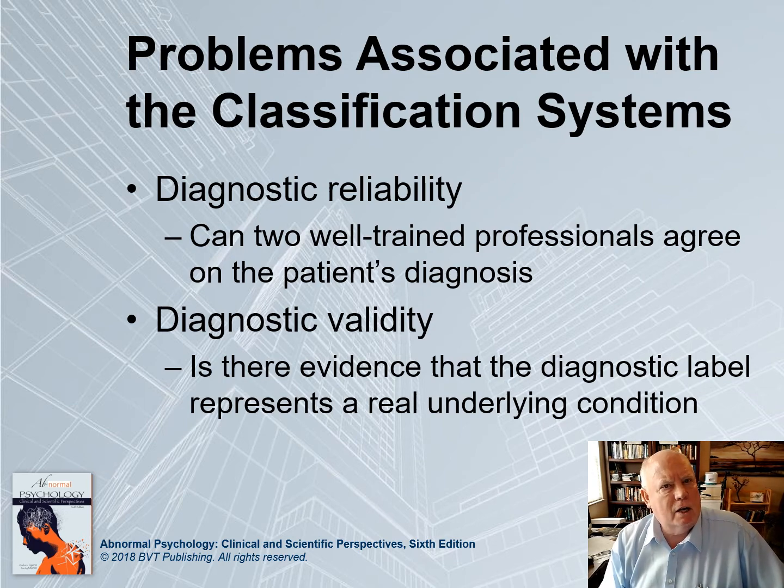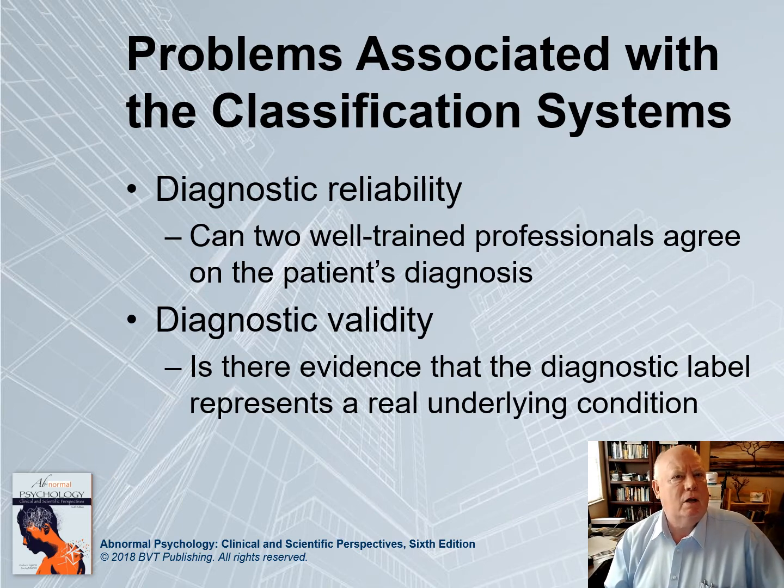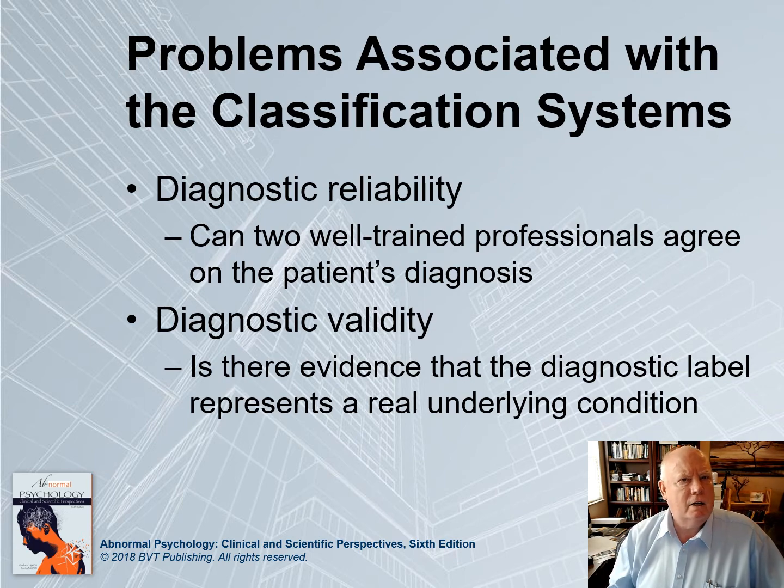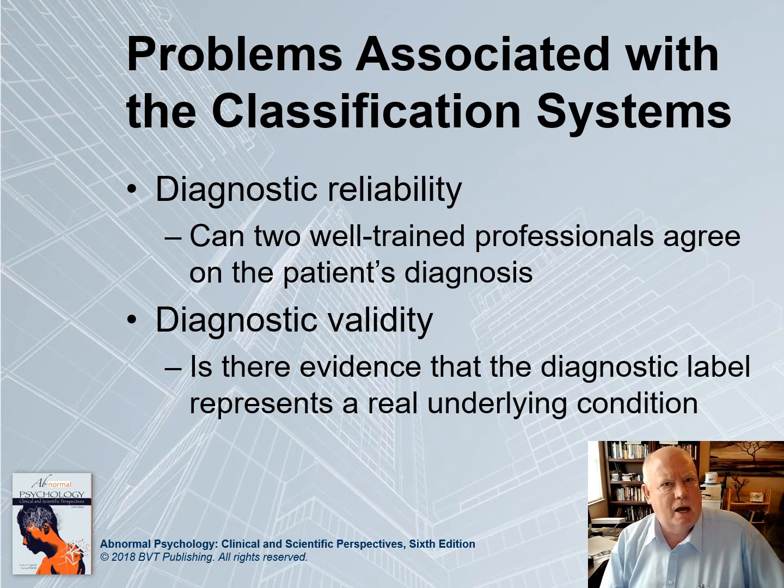Now, earlier I had told you that reliability refers to consistency and validity refers to accuracy. So how do you understand that you can have reliable measures that are not valid, but you can't have valid measures that are not reliable?